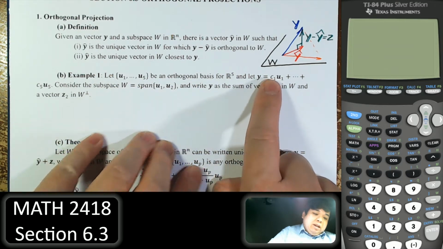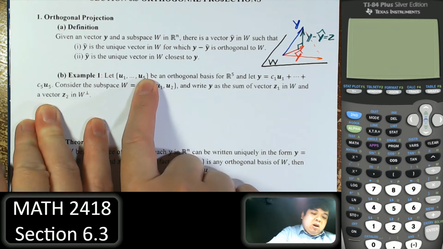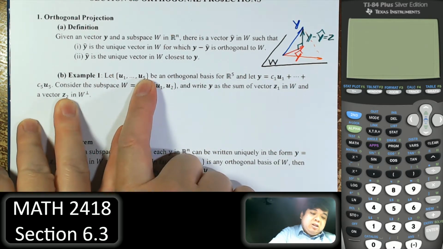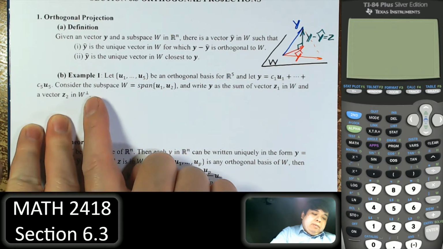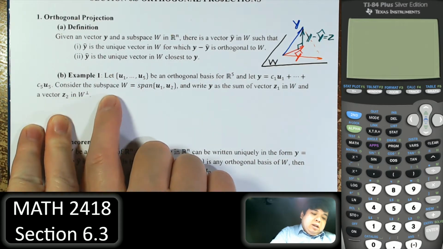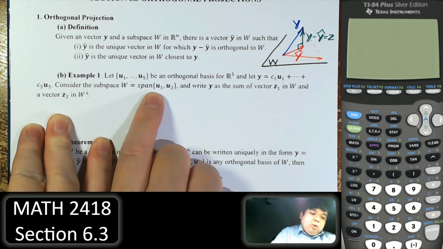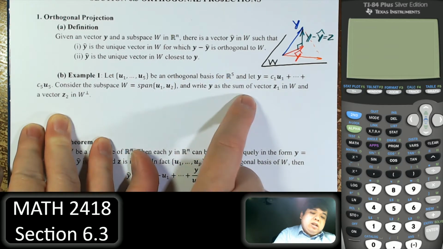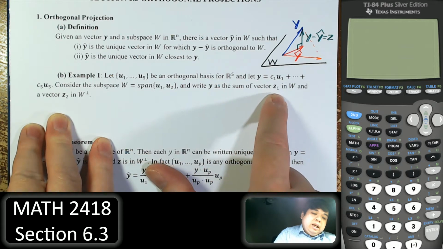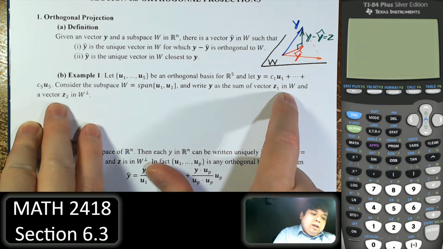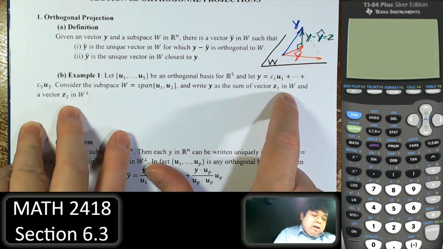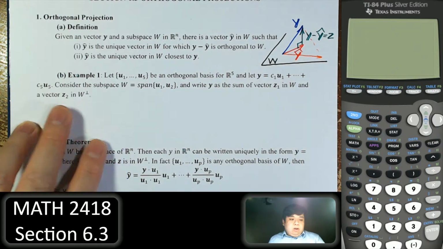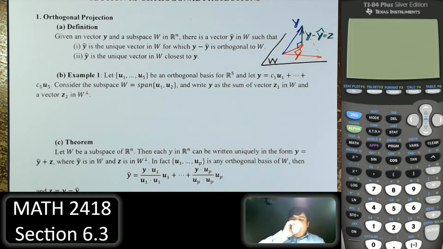Then let y be a linear combination of these orthogonal basis vectors. Now consider the subspace W equal to the span of u1 and u2 only. Write y as the sum of a vector in W and a vector that is orthogonal to W.